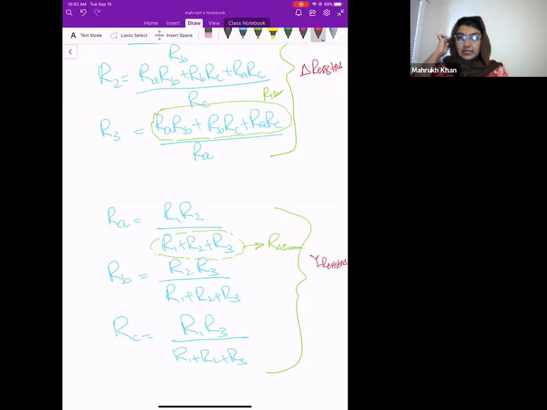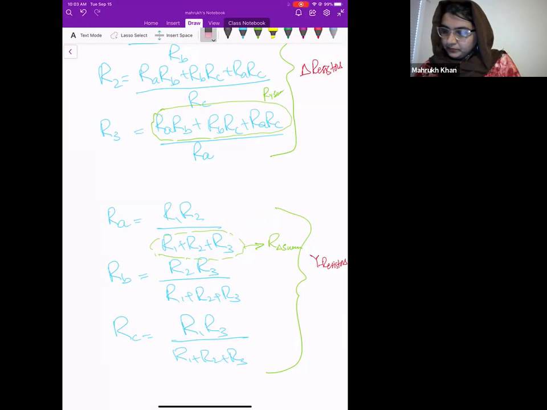Now, if they are equal, let's say they are 1 kilo ohm or just 1 ohm, how will this turn out? It will become 1 by 3. That is called the balanced scenario, in which if they are equal, then you can just write them easily.